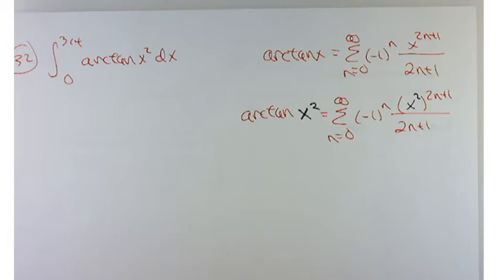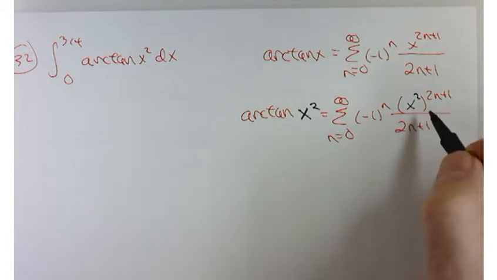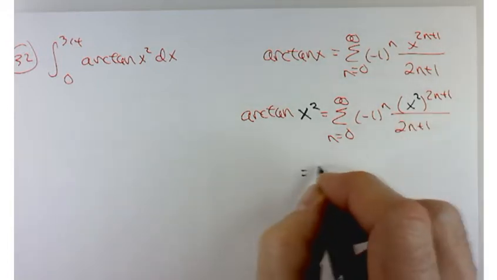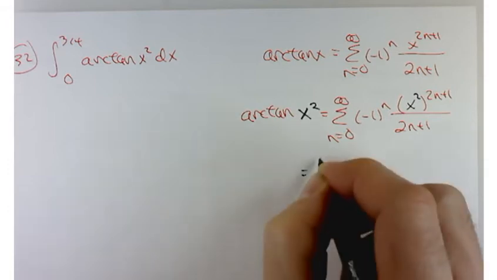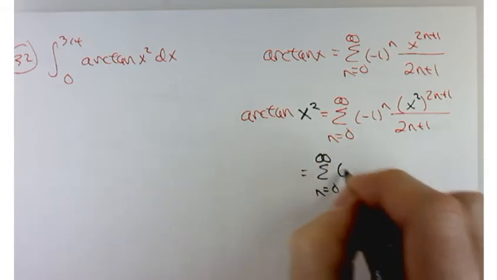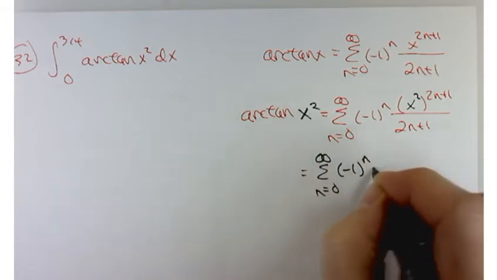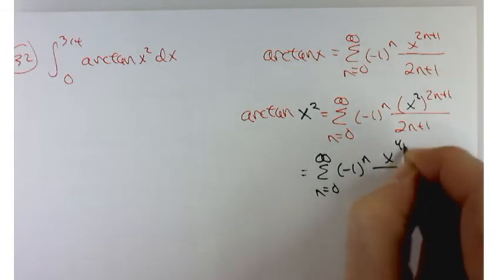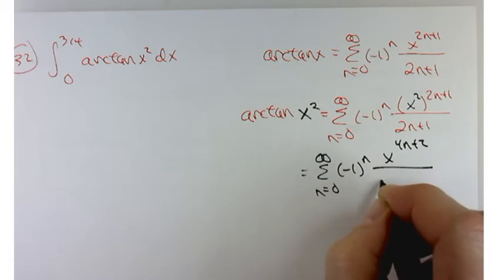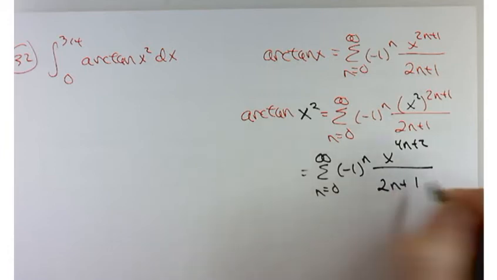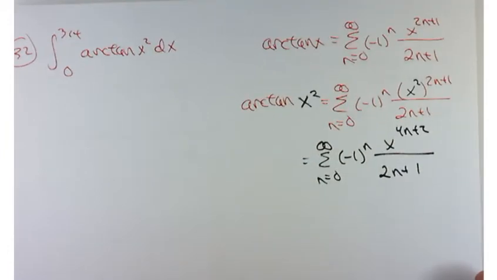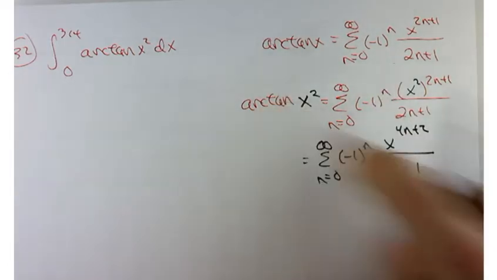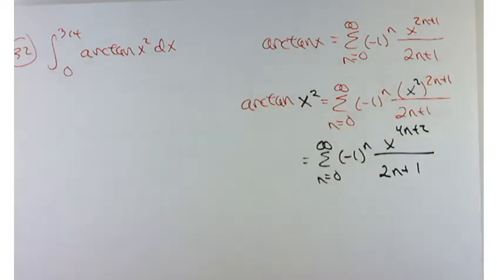And let me simplify that a little bit here. This is going to be the sum from n equals 0 to infinity of -1 to the n times x to the 4n plus 2 over 2n plus 1. These two things on the interval -1 to 1 are interchangeable.